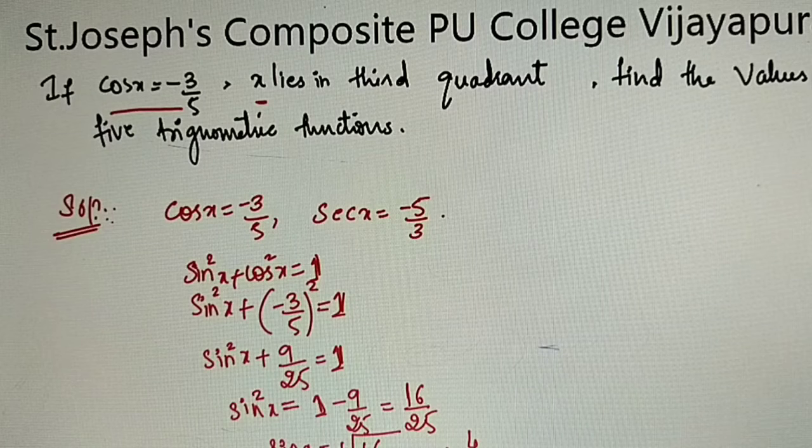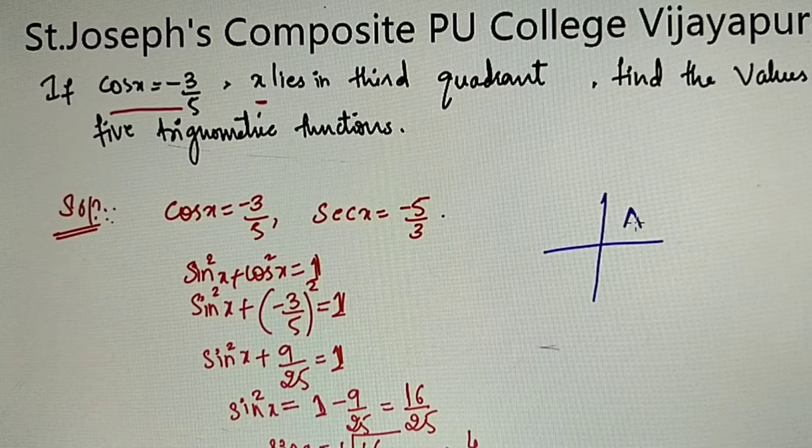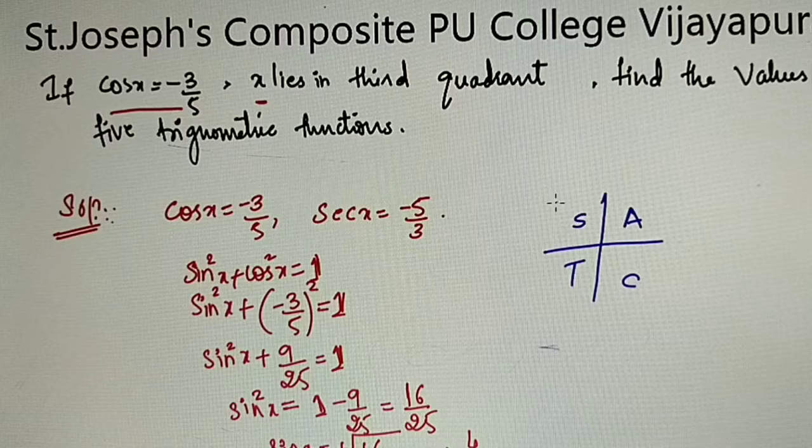So I will apply here the ASTC rule, which you know already. In the ASTC rule, in the first quadrant all the trigonometric functions are positive, in the second quadrant sin and cosec are positive, in the third quadrant tan and cot are positive, and in the fourth quadrant cos and sec are positive.